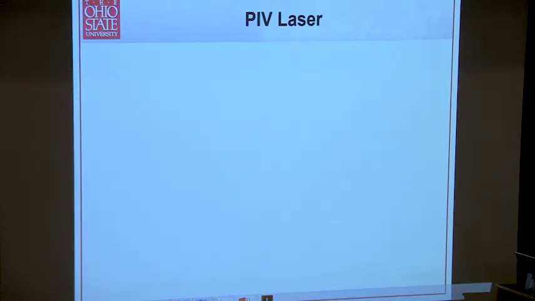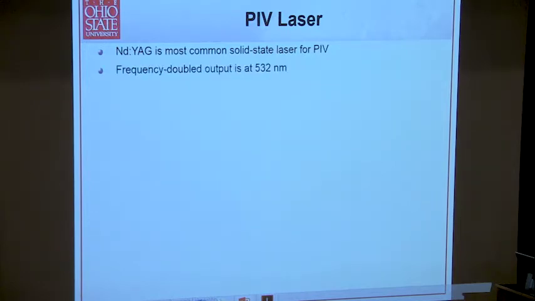So let's talk about the laser. The most common laser source is the Nd:YAG. It's a solid-state laser for PIV. We typically use the frequency doubled output at 532 nanometers.